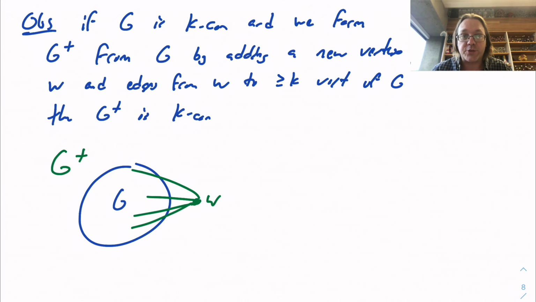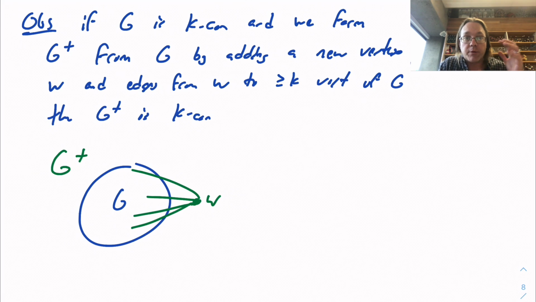This is really straight away. Again, what does it mean to be k connected? You have to have two properties. Well, first you have to have at least k plus 1 vertices. So the graph G had at least k plus 1 vertices, so G plus certainly has at least k plus 1 vertices as well. The second property is, however you delete a set of fewer than k vertices, the resulting graph is connected.